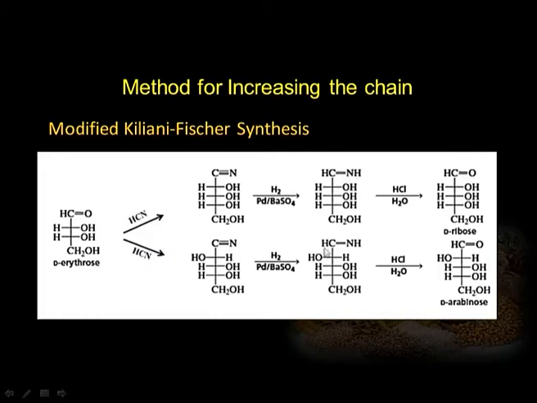We will get the corresponding imines, and it is this carbon where we have the epimeric structure, the hydroxyl on the right side, carbon number 2, and this hydroxyl on the left side, and on hydrolysis again we get two epimeric aldopentoses. So, this is the reaction that is used for increasing the chain length, we call it Killiani-Fischer synthesis.